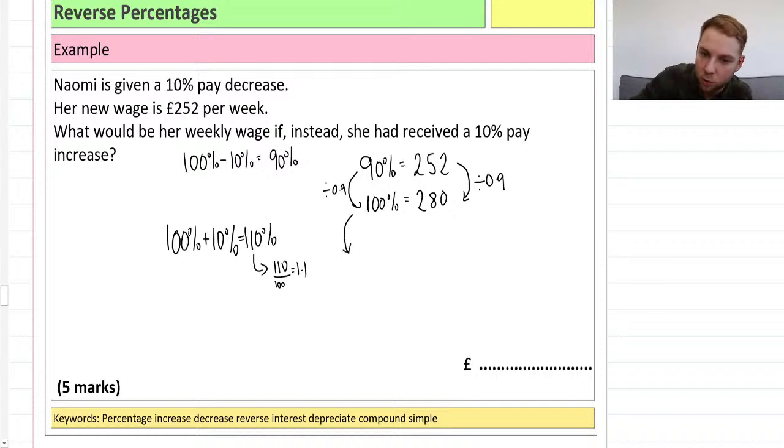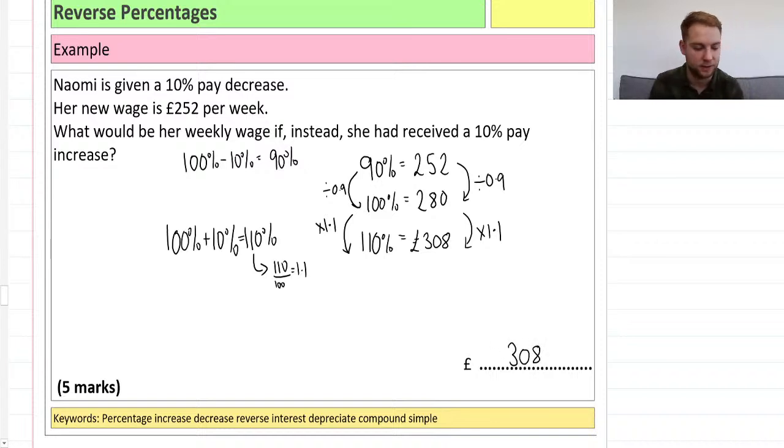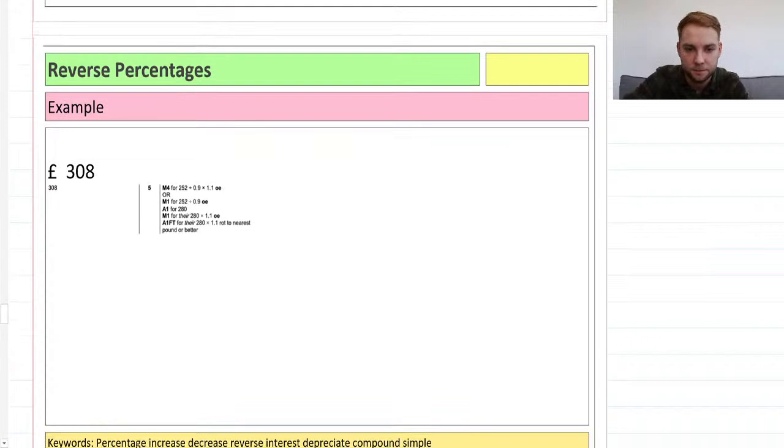So to find out what 110% is, I need to times by 1.1. 100% times by 1.1 is equal to 110%, and 280 times by 1.1 is equal to £308. Brilliant. So £308 is what she would have got with a 10% increase. Super. Let's just check that. £308, brilliant. Look, they use multiplier methods there. Okay.